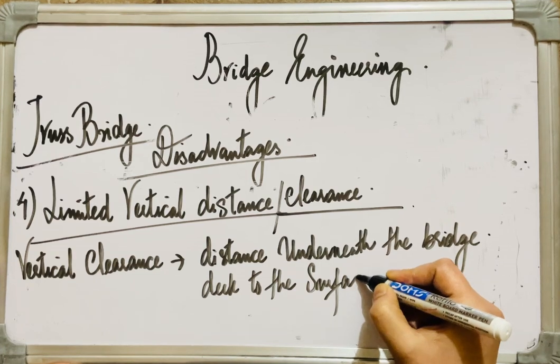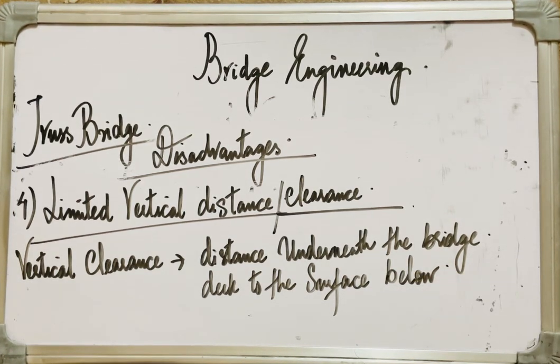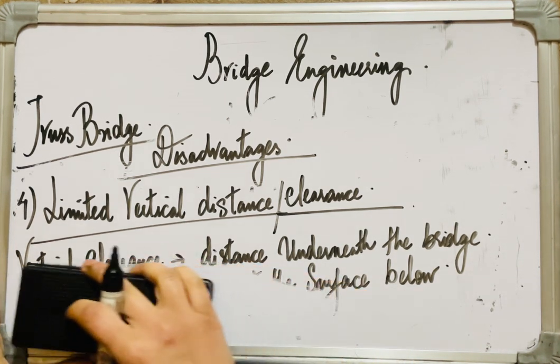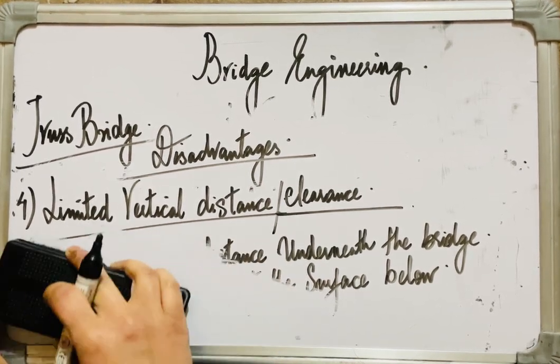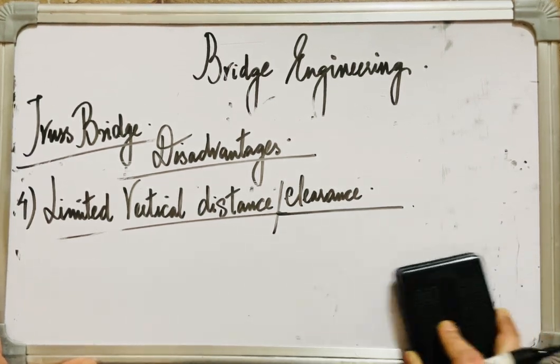In case of a road bridge, it will be the effective distance between the road and the underneath of the bridge deck. And in case of a river bridge, it is between the river HFL and the underneath of the bridge deck. All right. So the disadvantage number 4 of the truss bridges is that they have limited vertical clearance.